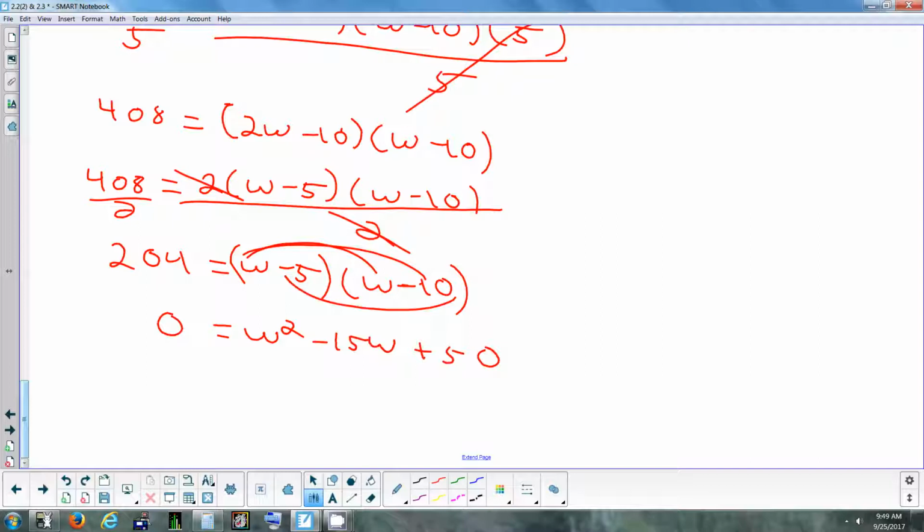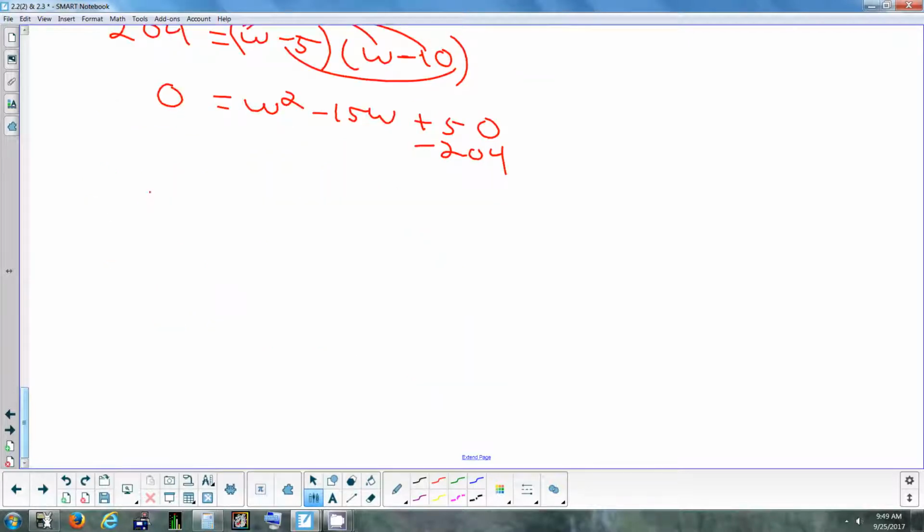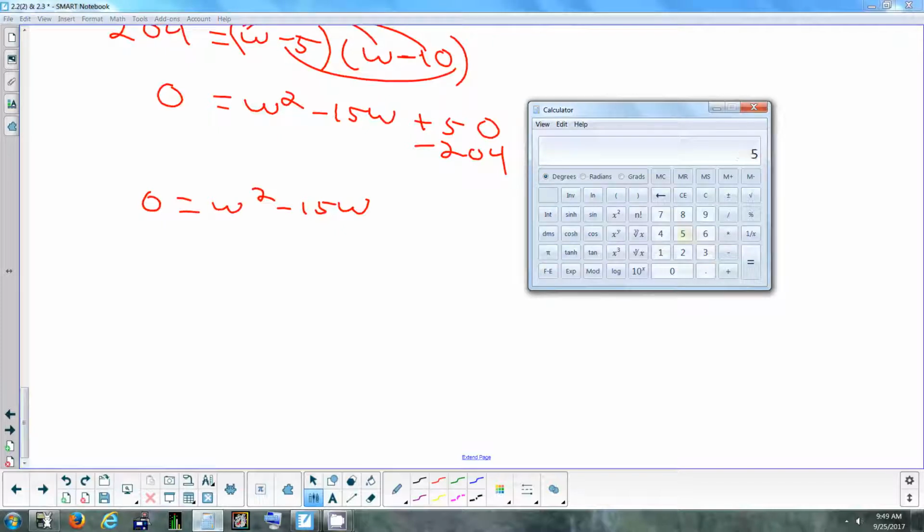But I'm also going to do what with the 204 to get it equal to 0? I'm going to subtract it. Okay, so we get 0 equals W squared minus 15W plus 50 minus 204.